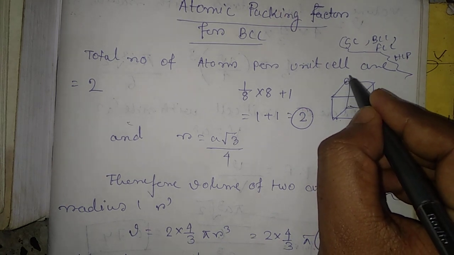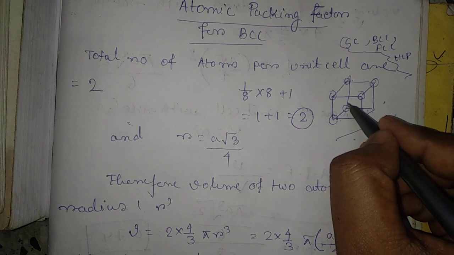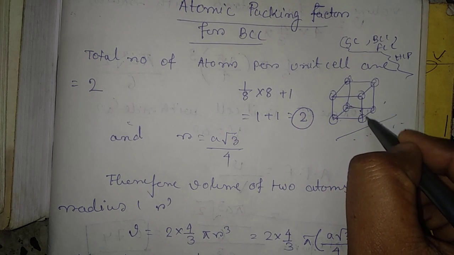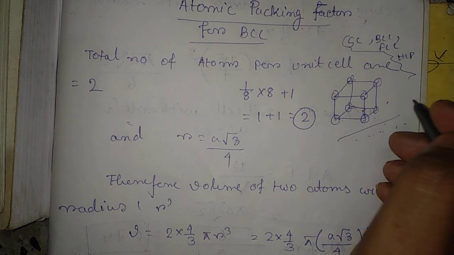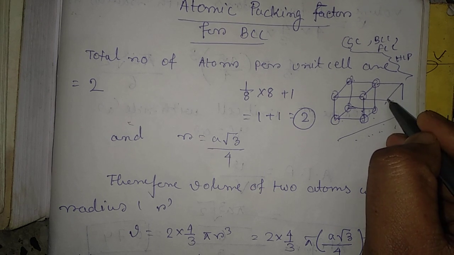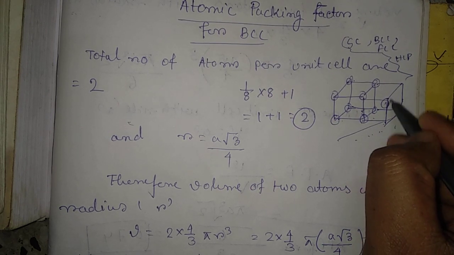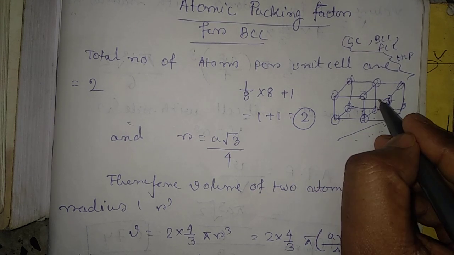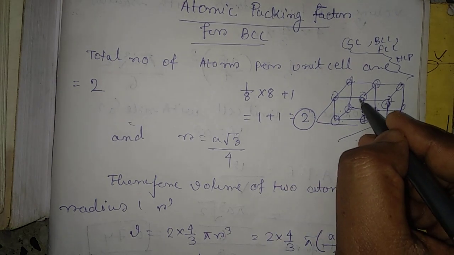So 8 corner atoms are there, and they are shared with the neighboring BCC structures as well. One atom is shared here, and one atom is shared in this portion also.